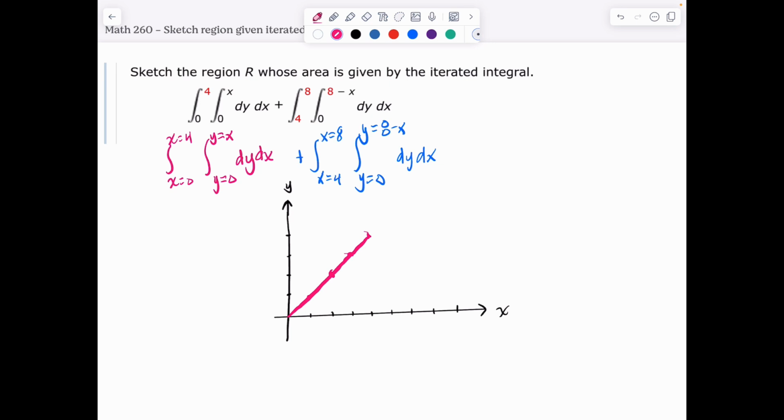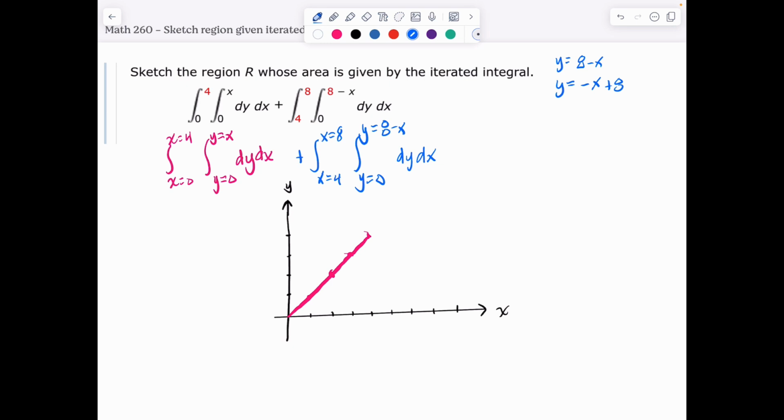Now, think about the line y equals 8 minus x. If we wrote that in slope-intercept form, it would be y equals negative x plus 8. Right?